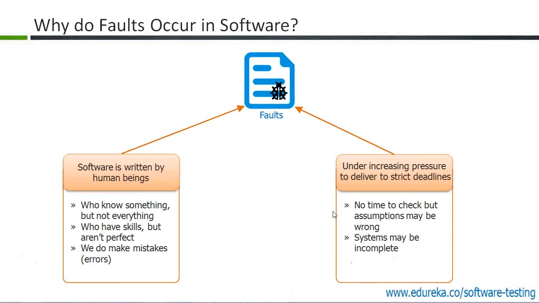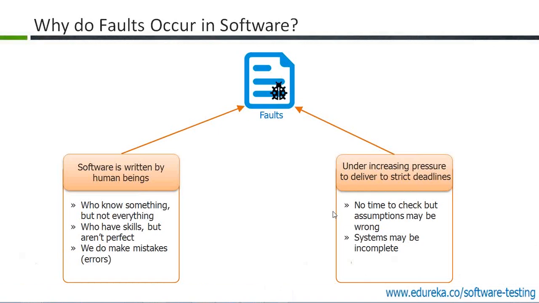You understood? Then secondly, increasing pressure to deliver to strict deadlines. See, what will happen, this is happening in real-time scenarios. Sometimes the customer would tell you this should be released in 6 months. But in the second week he would come and say, no, no, no, instead of 6 months, we want this software to be released in 3 months.